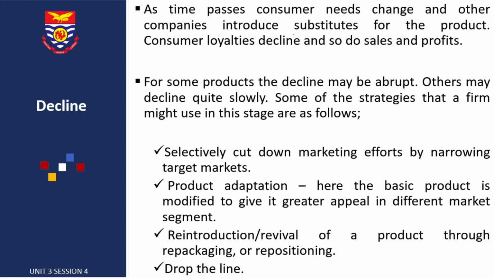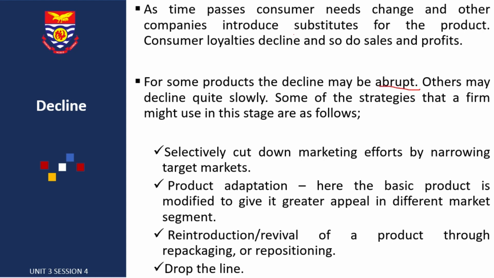For some products, the decline may be abrupt. Others may decline quite slowly. Some of the strategies that a firm might use in this stage are as follows. So you realize that with some products, the declining may be very fast.